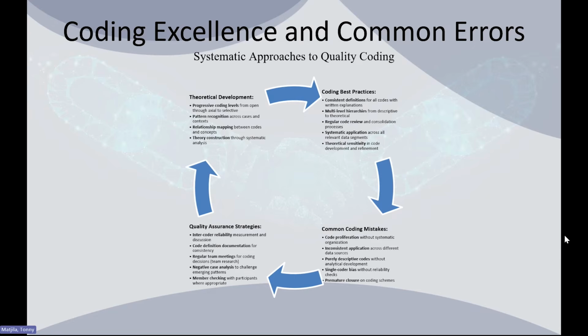this hierarchy and structures. So inconsistent application will always occur when the codes are applied differently across data sources or periods of time. So it is your responsibility to always document and clearly show definitions for every code and review application regularly.